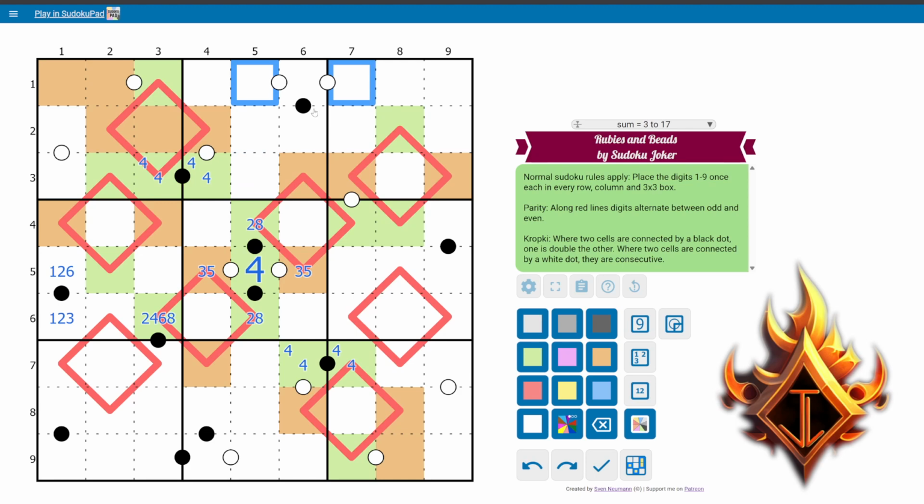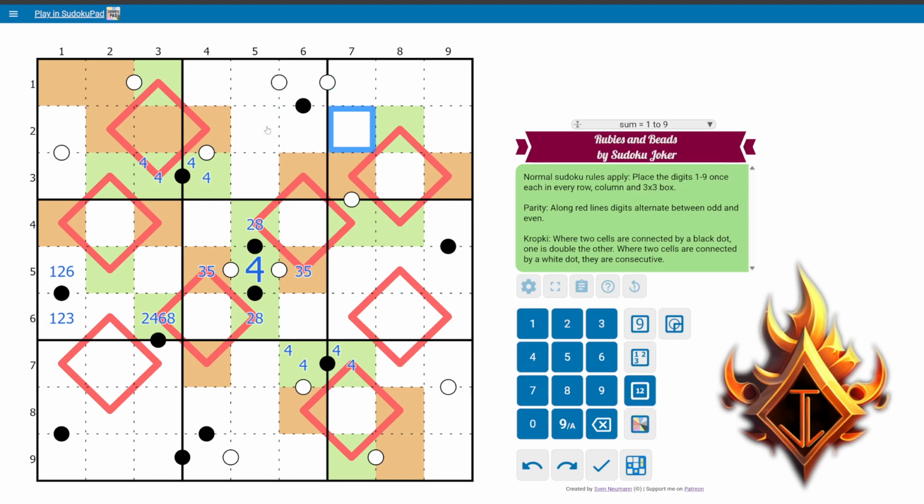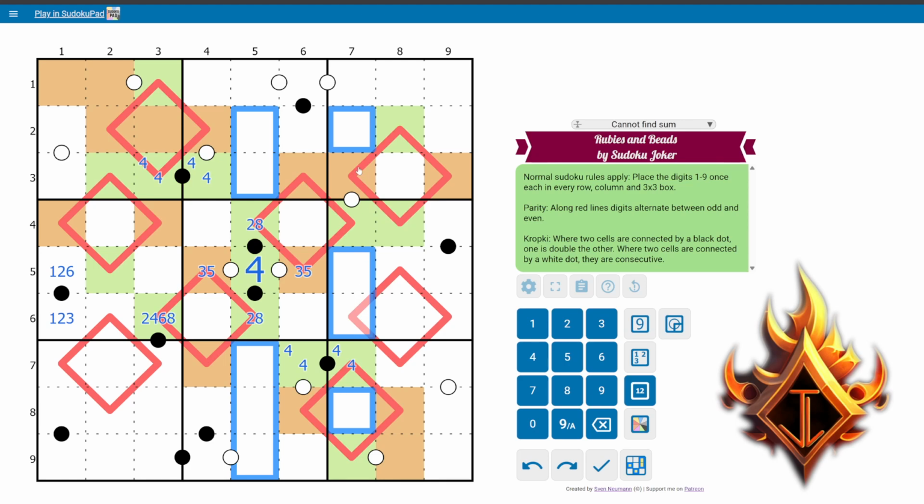Or I could ask, if these are both even, it would make all of those odd. Is that an issue?